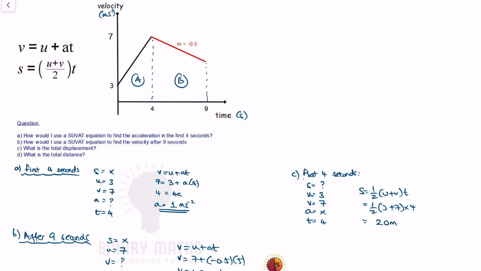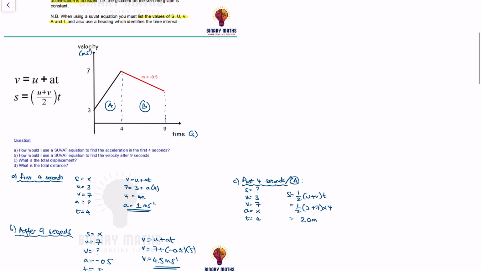So that is only the first 4 seconds, which is in other words A. Okay, we need to do the same thing for 4 to 9 seconds, which is B. We set up SUVAT again. We're trying to work out displacement.